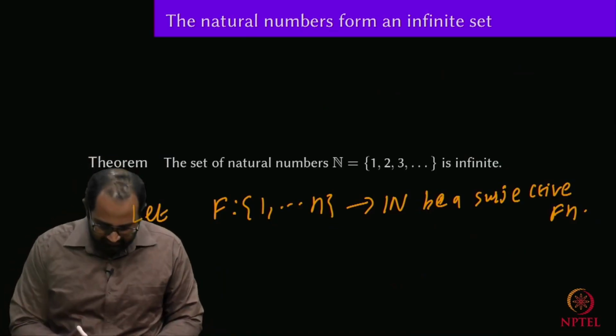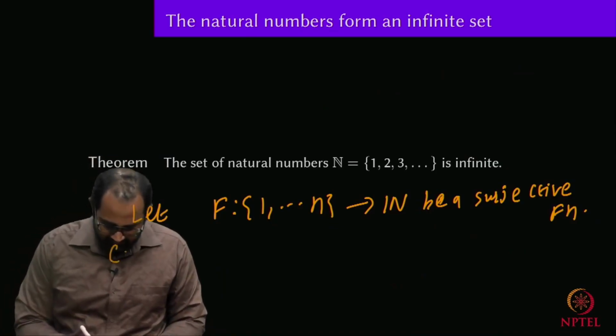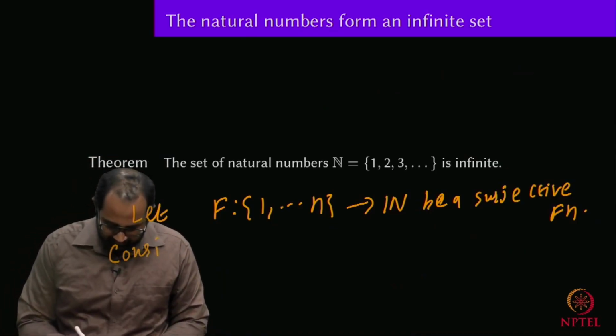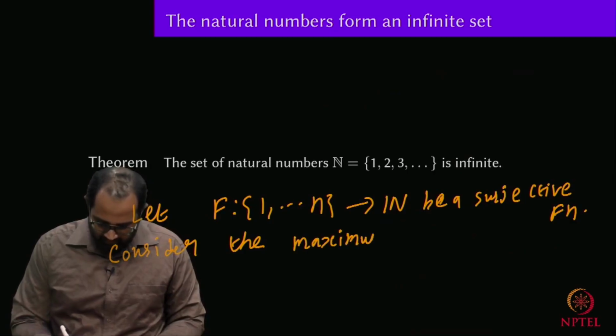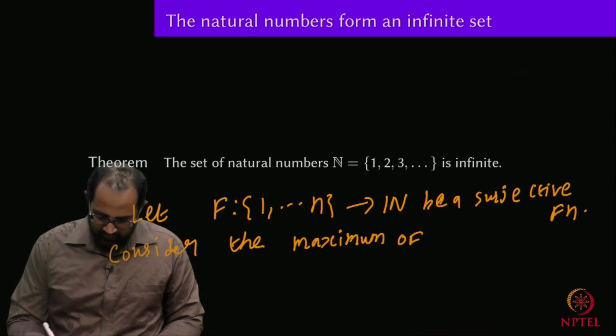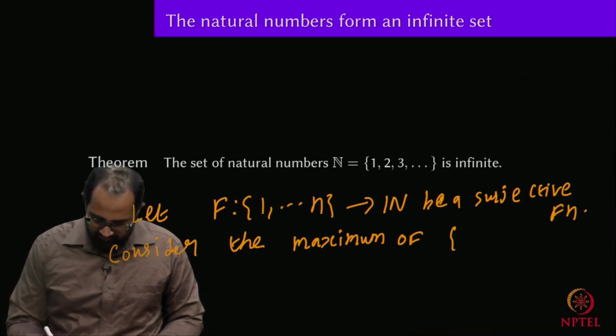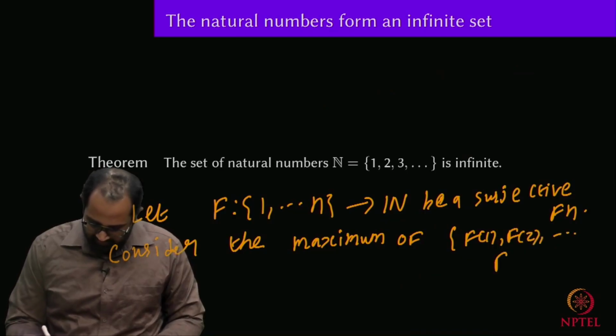What you do is consider the maximum of the set f of 1, f of 2 dot dot dot f of n.